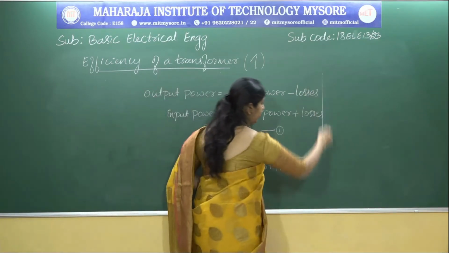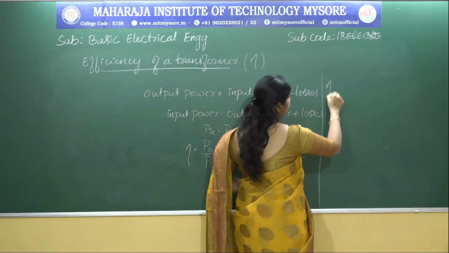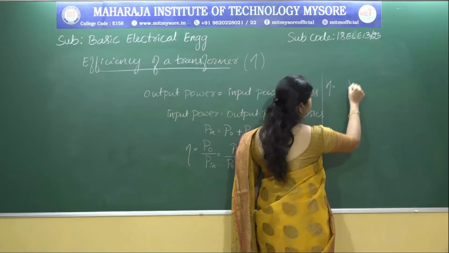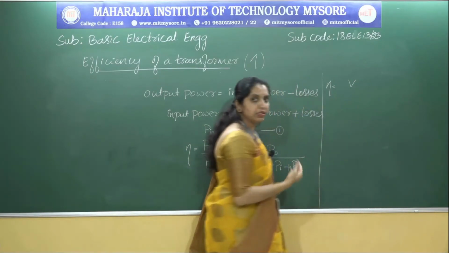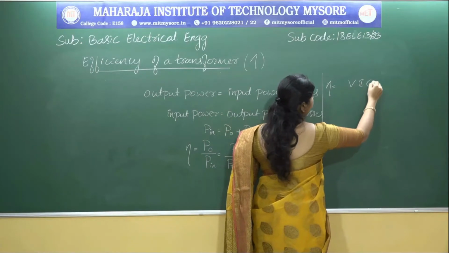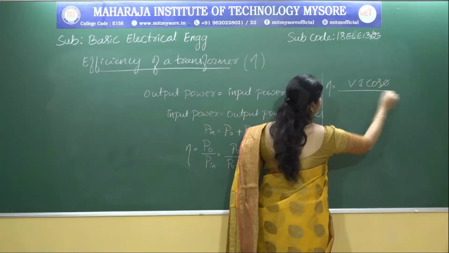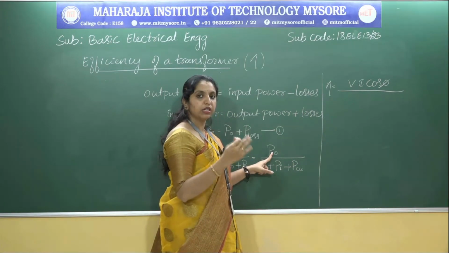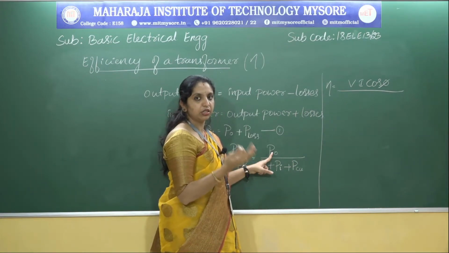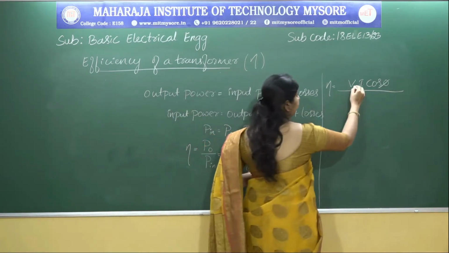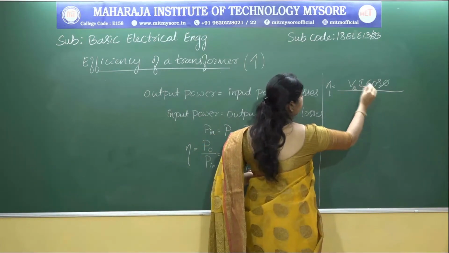Now what is P naught? We know that power is expressed as VI cos phi. VI are the parameters we consider at the secondary winding, so I can write it as V2 and I2.